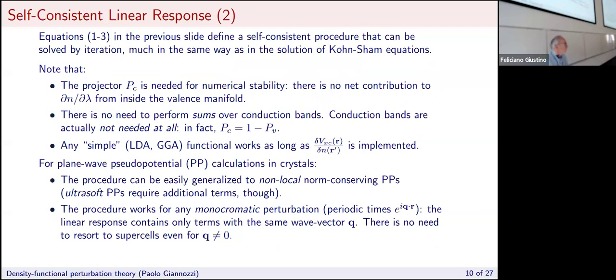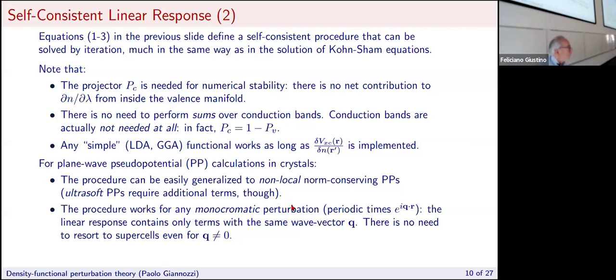And the important point that Feliciano already mentioned is also that it works for any monochromatic perturbation. A monochromatic perturbation means a perturbation with a single but finite wave vector, q. In the following, q will be the wave vector of perturbations, while k will refer to the Bloch vectors of orbitals.